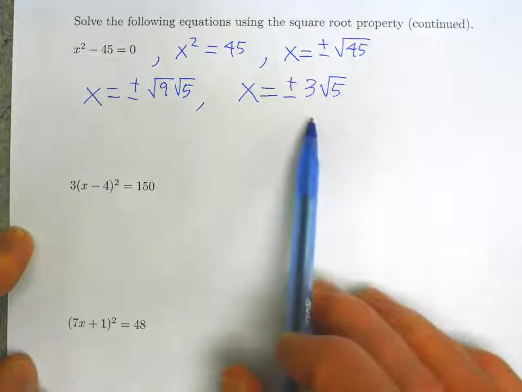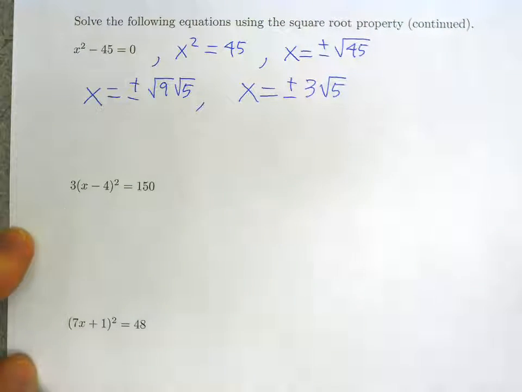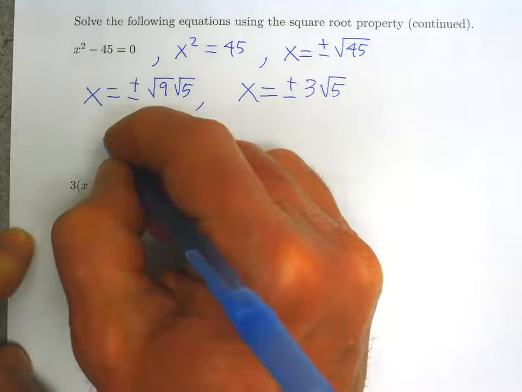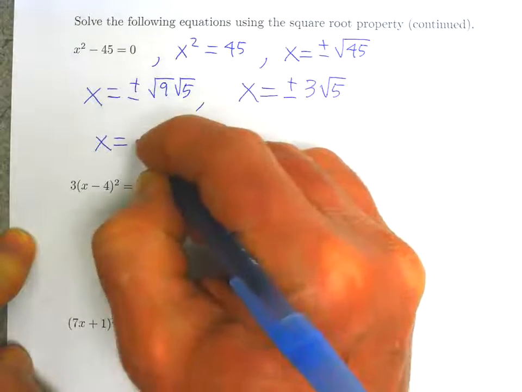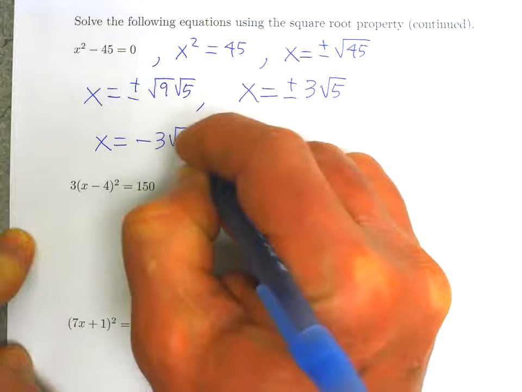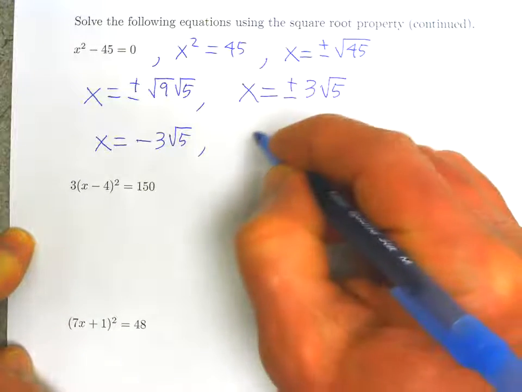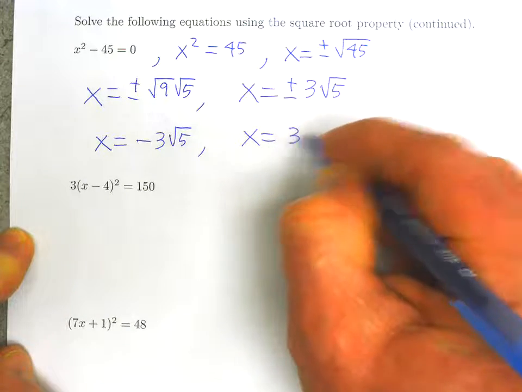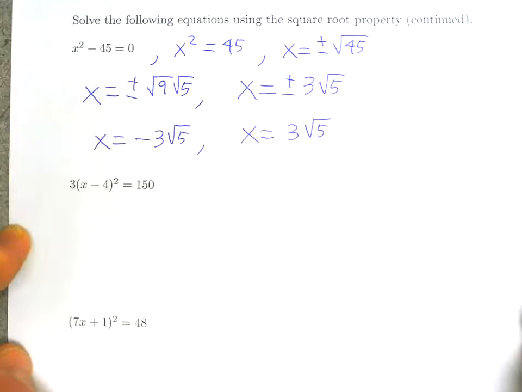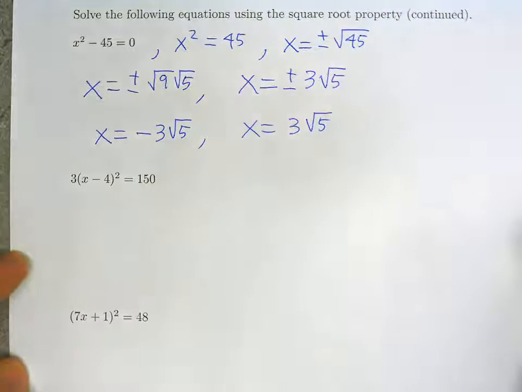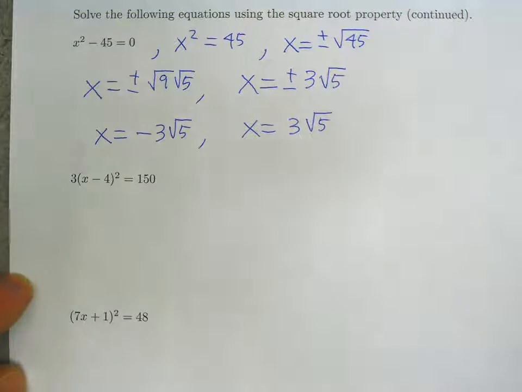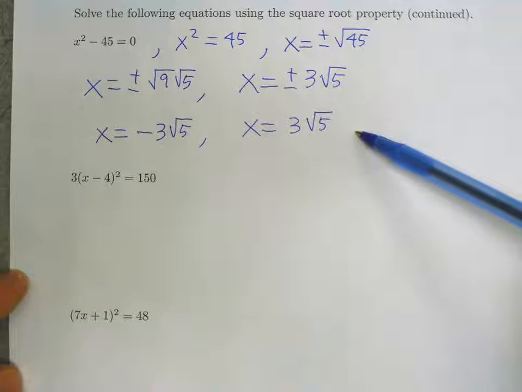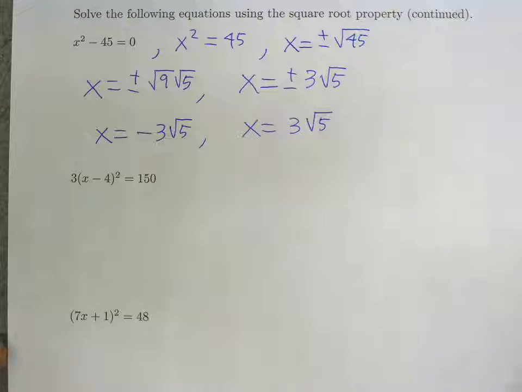If you want to write the solution separately, you can. One of the solutions is -3 times the square root of 5. The other solution is +3 times the square root of 5. Okay, this one was slightly more involved, but not by much.